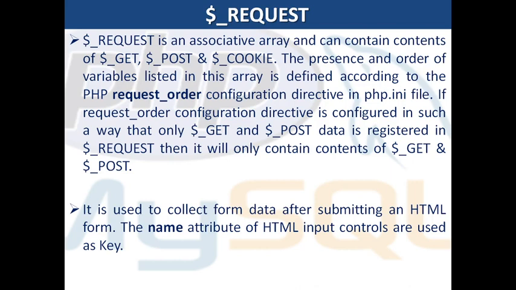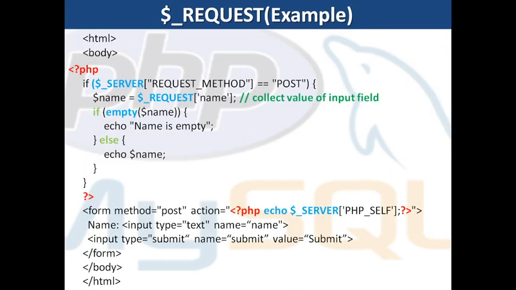$_REQUEST is used to collect form data after submitting an HTML form. The name attribute of HTML input controls is used as the key. So here is an example of how to use the $_REQUEST superglobal.